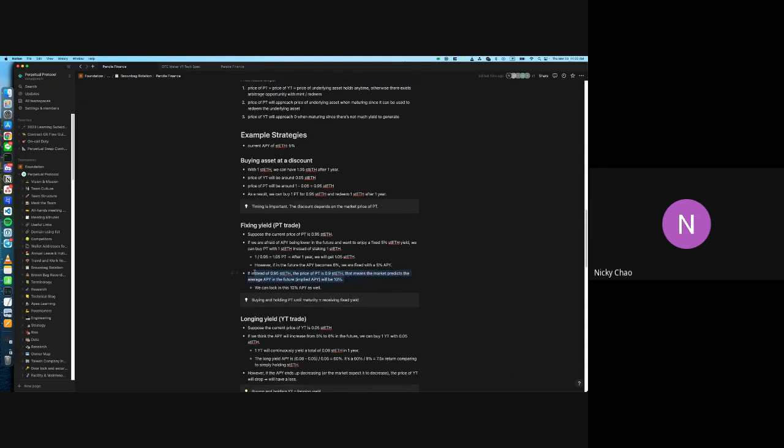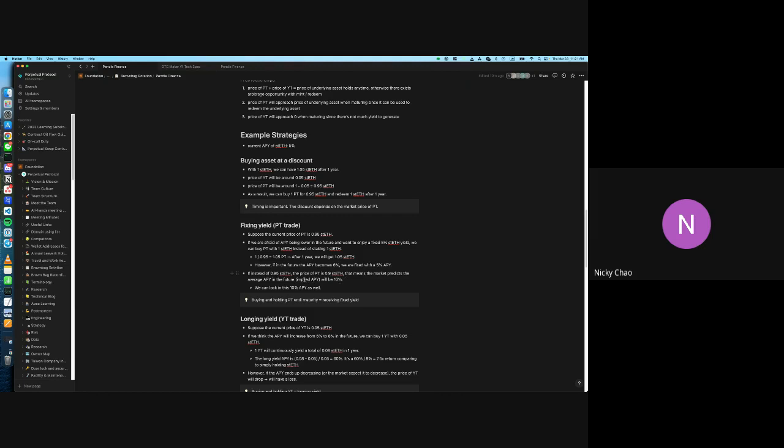Here's another example. If the price of PT is not 0.95 stETH but 0.9 stETH, that means the market predicts the future APY will be 10%. Because if the price of PT is 0.9, the price of YT is 0.1, which means the market expects holding the YT will give you 0.1 stETH.